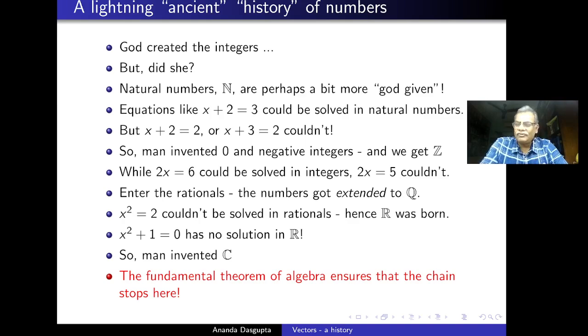You can extend that to further prove that it actually has exactly n solutions if n is the highest power in the polynomial, but at least a solution exists. So in order to solve equations written down using complex numbers, we do not need to invent new kinds of numbers. So we would perhaps stop here. If this were the entire history of mathematics, we would have only gone up to complex numbers and no further.